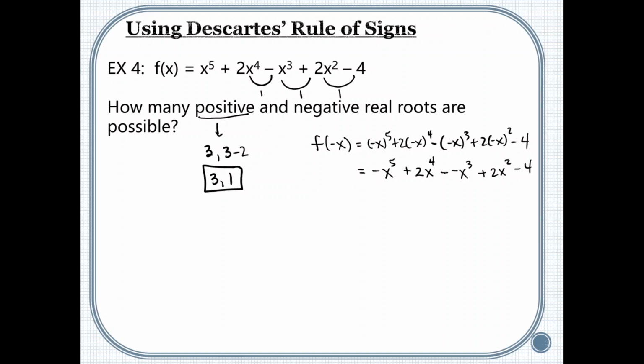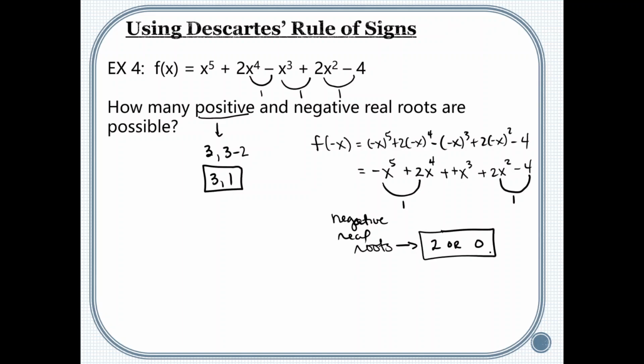Okay, so this minus a negative will become a plus. So now I go from negative to positive. And here at the end, I go from positive to negative. So the negative real roots are either 2 of them, or 2 minus 2 would be 0.